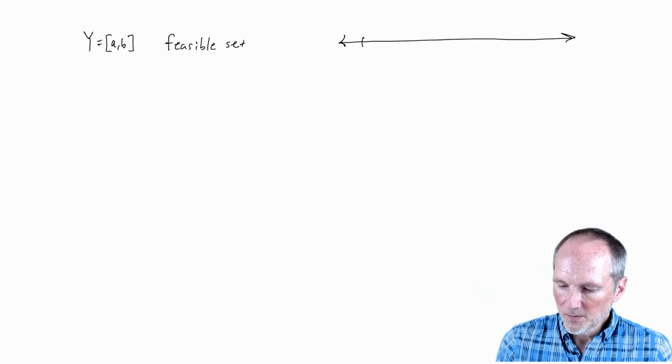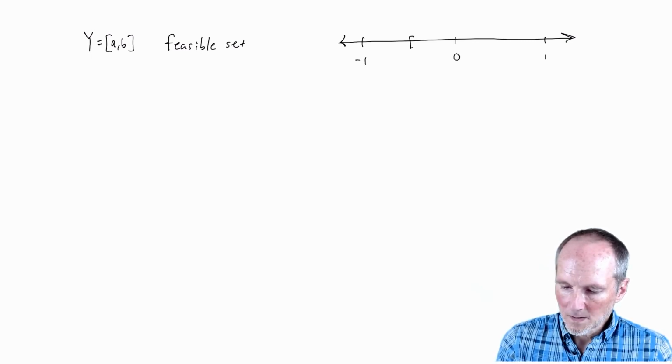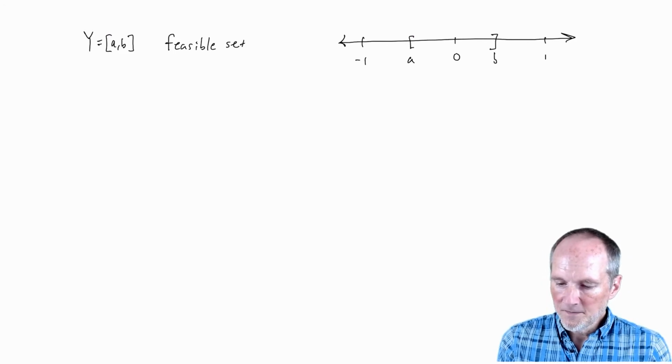If this is -1 and that's 1, suppose that A and B are like so, then the feasible set would be everything between A and B, including those two.